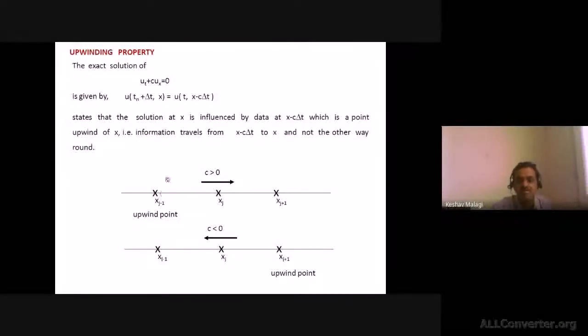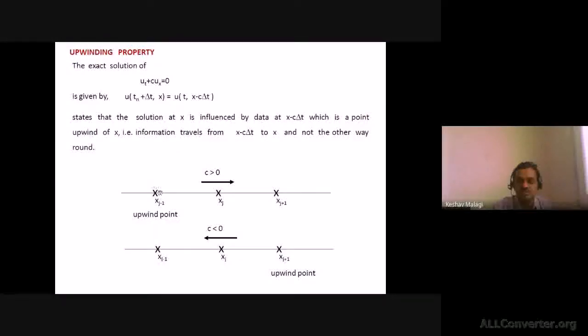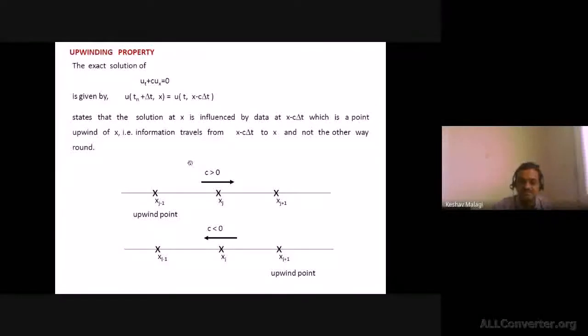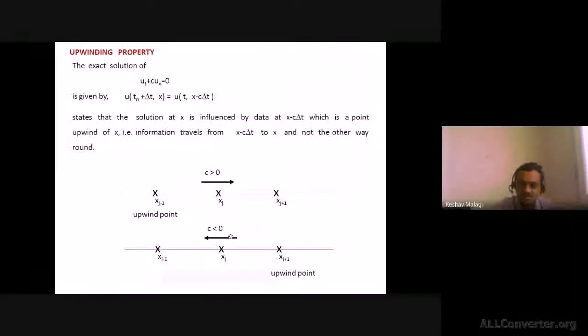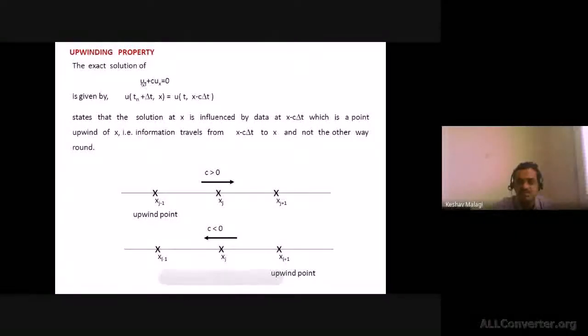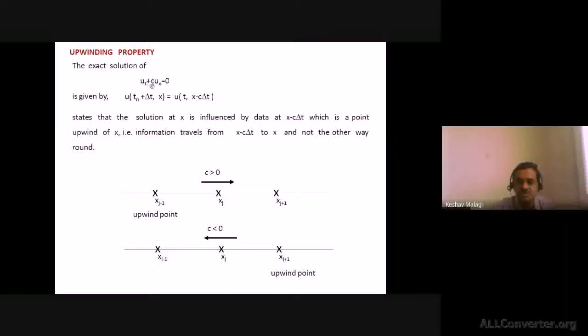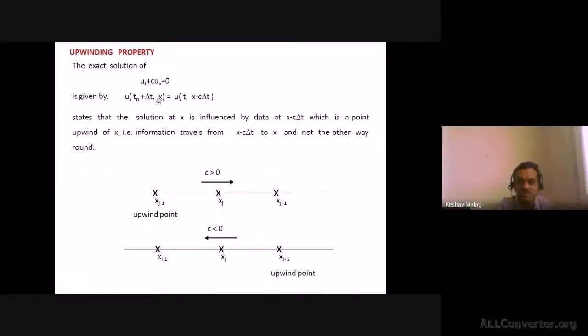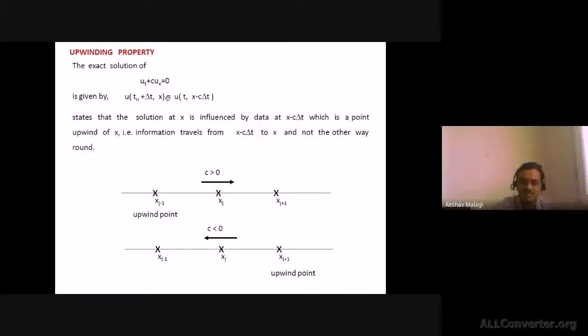Okay. So information travels from this point to this point at the next time level. And if velocity is negative, this will become the upwind point. So this has to be respected when we want to have a numerical scheme. This is the exact solution. If we have a numerical scheme, it should mimic this form.